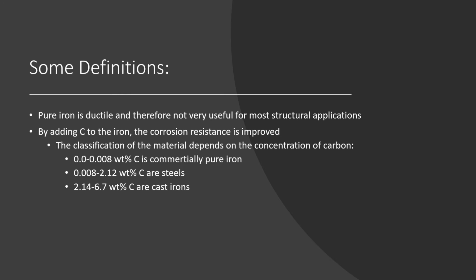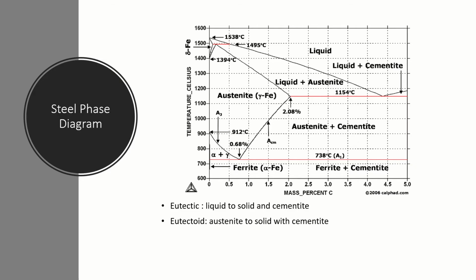Above 6.7% carbon, that's not very useful for engineers. And just as a side note, as we add carbon to the iron, the material gets stronger and the corrosion resistance is improved. So let's go ahead and look at the steel phase diagram.